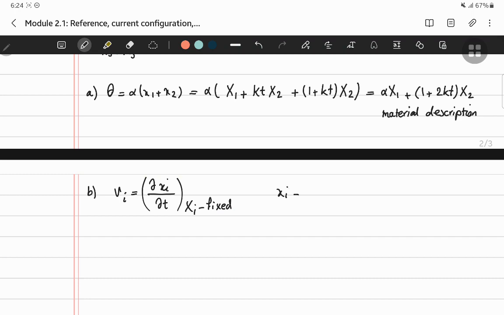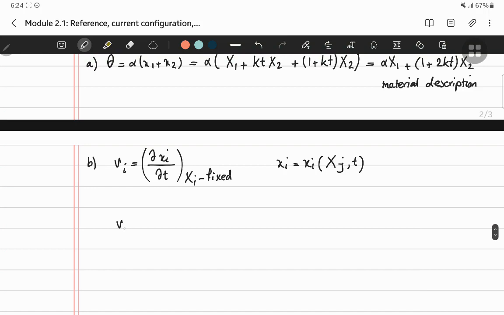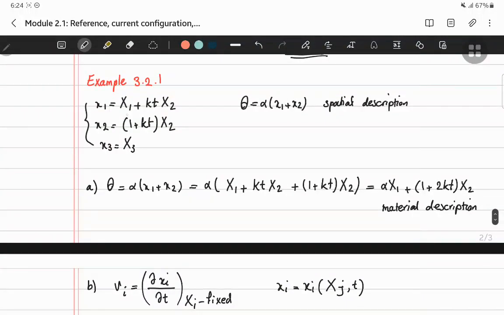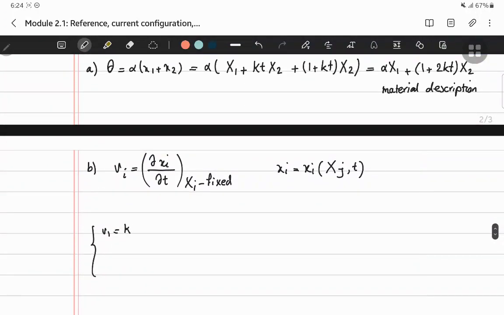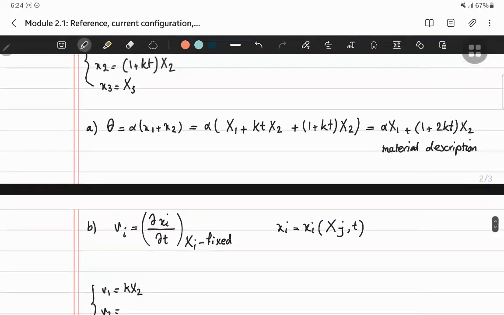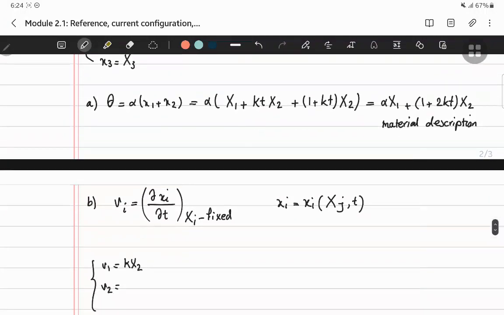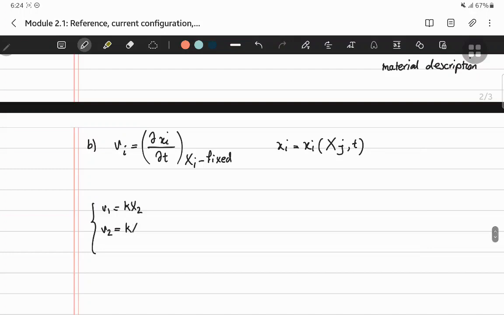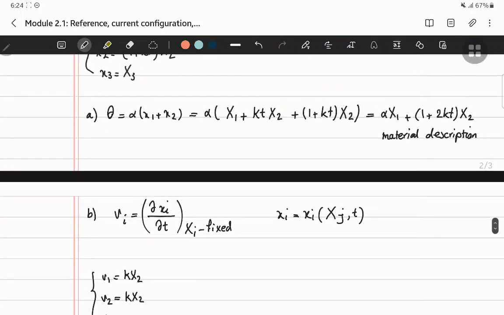So here you have xi as a function of capital Xj and t, the initial configuration or coordinate, and time t. If we take this derivative with respect to time, v1 is kx2, v2 is kx2 again, and v3 is basically 0.